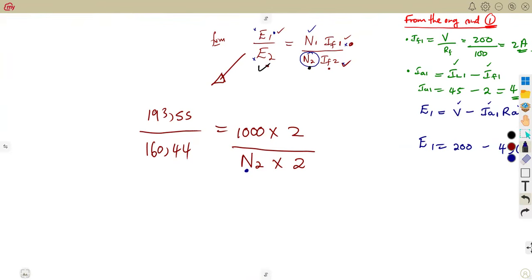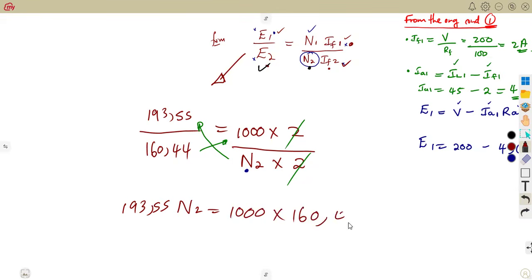Also seeing that these two are the same, I can just cancel this. There's no effect. Cross multiply so that we can have our N2. So it's going to be 193.55 times N2 is equal to these two multiplied, 1,000 times 160.44.